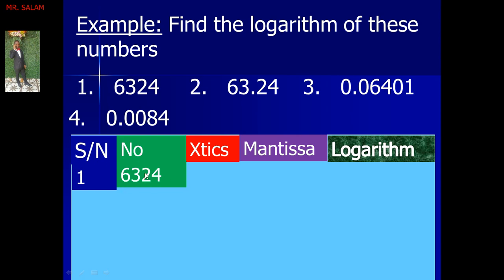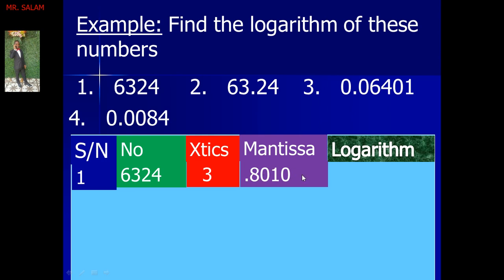Since this is just a whole number and the whole number has 4 digits, we say 4 minus 1, so the characteristics becomes 3. And the mantissa of this number is the logarithm of 63 under 2, difference of 4. That will give us 0.8010.